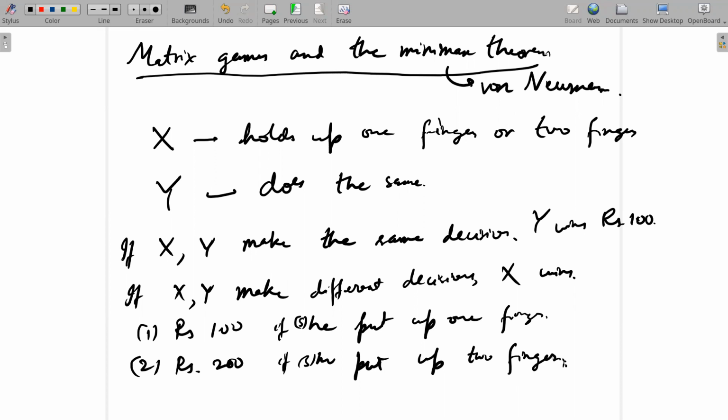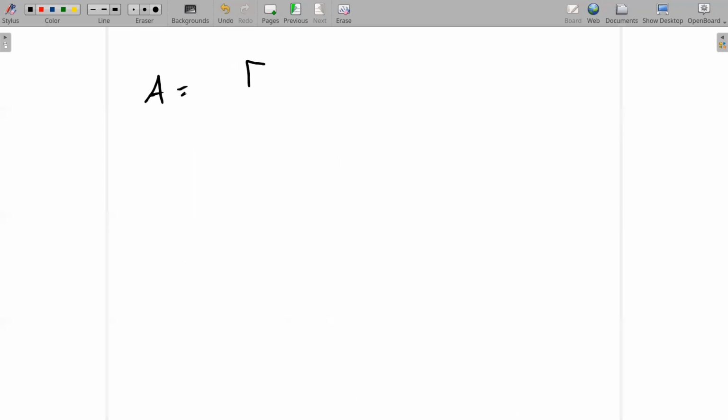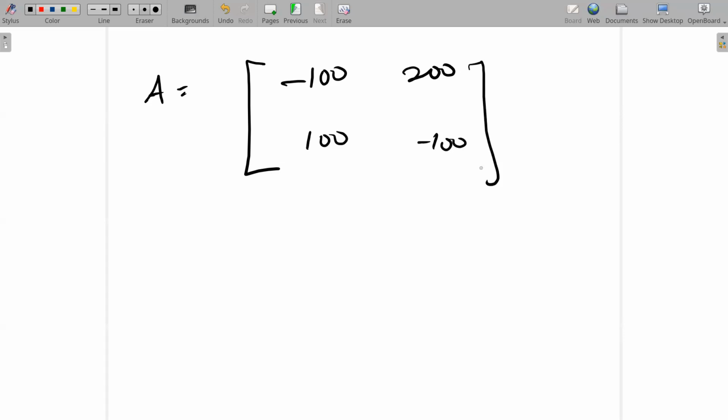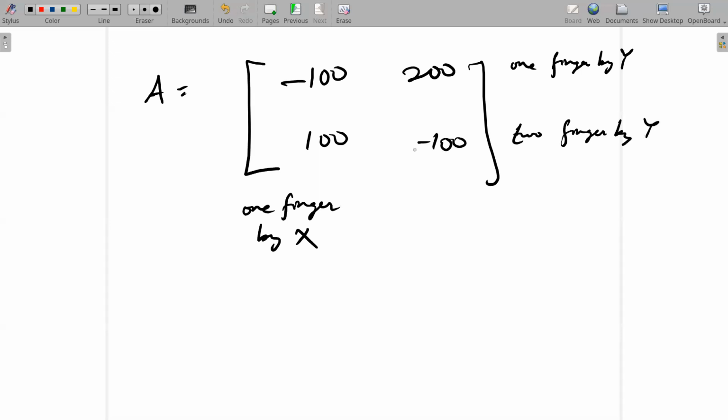Okay. So we'll make a payoff matrix. So let's say A, the payoff matrix: minus 100, 200, 100, and minus 100. So how to read this? This column corresponds to X showing one finger. And this row corresponds to showing two fingers by Y, and this column corresponds to showing two fingers by X. So what is this minus 100?